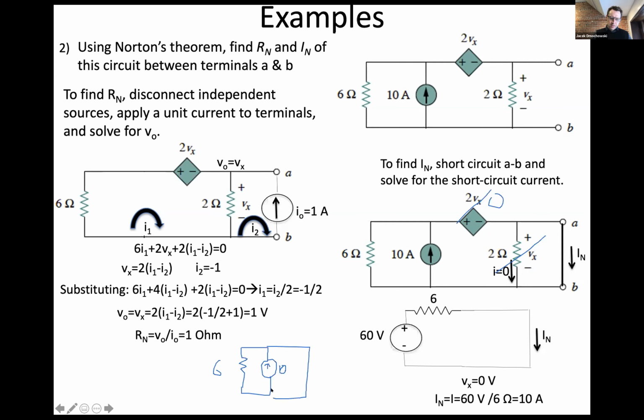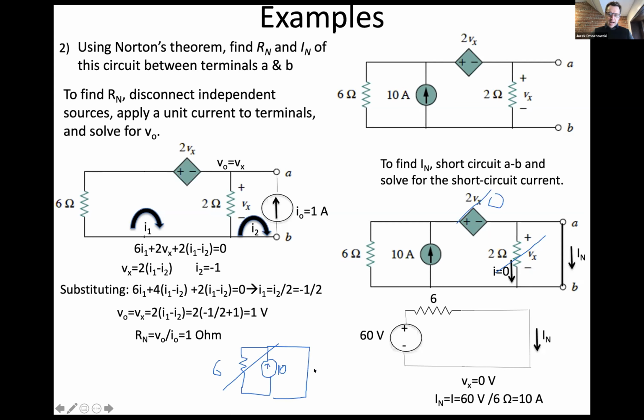and the short, right? So in this configuration, the short circuit here will negate this, right? The 6 ohm resistor here will not draw any current because the 10 amp source has a 0 resistance path clockwise.